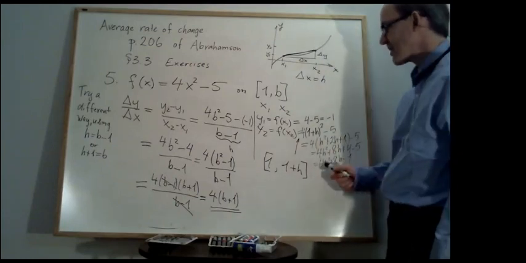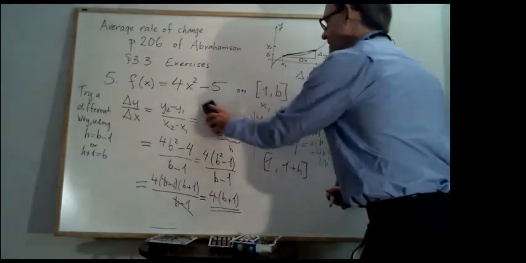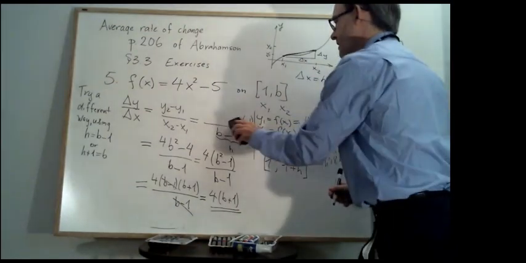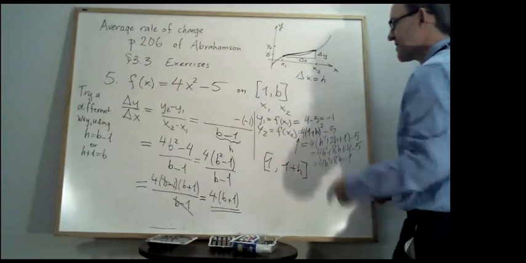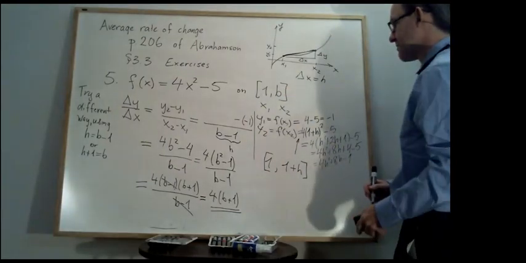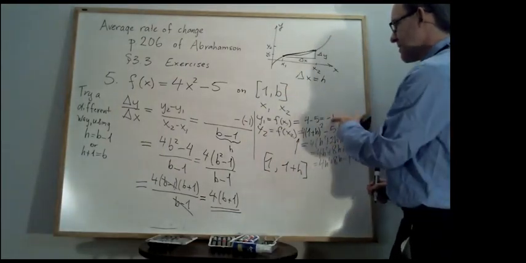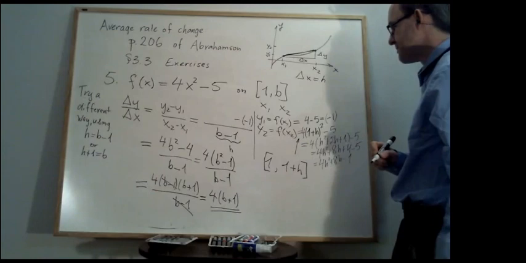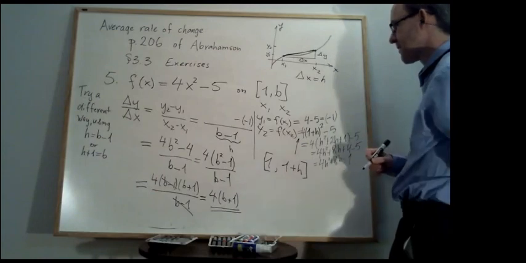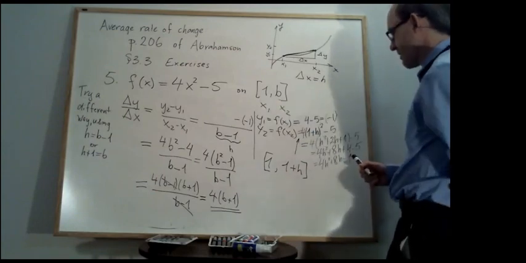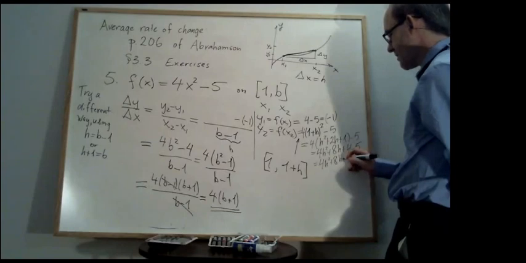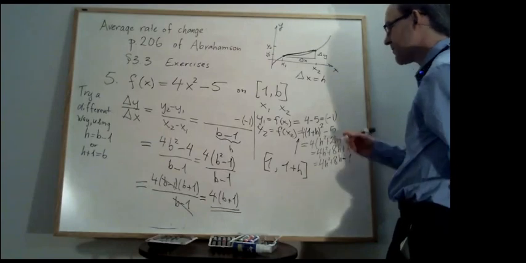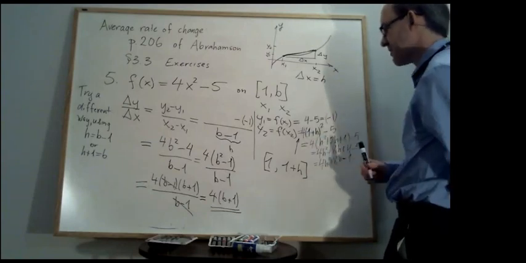Okay, so now we have y2. We plug that in here, and then we subtract the minus 1. That's the same as before. y1 is still minus 1, because x1 did not change. Here it's the form of x2 that is changing, not really the value.